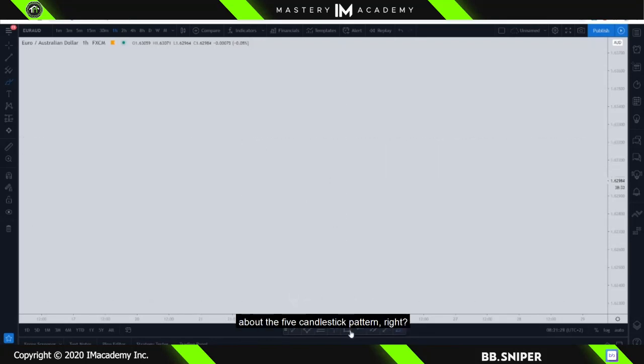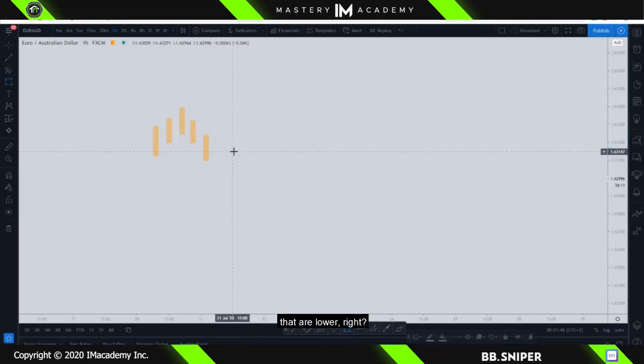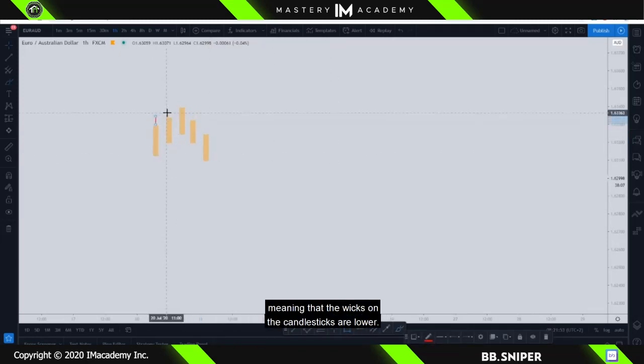If I draw 5 candlesticks for the high, the fractal is literally this. When we have a high that is formed with 5 candlesticks, the middle candlestick is on top, and then we have 2 candlesticks on the right that are lower, also with the wicks lower, so something like a pyramid shape.